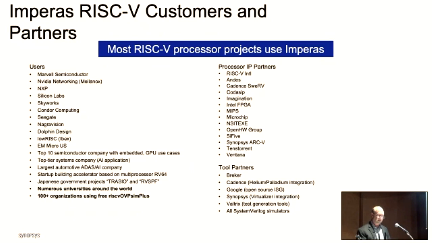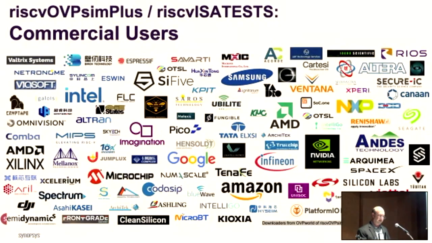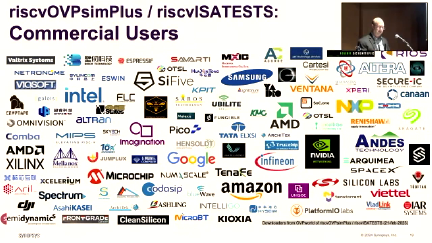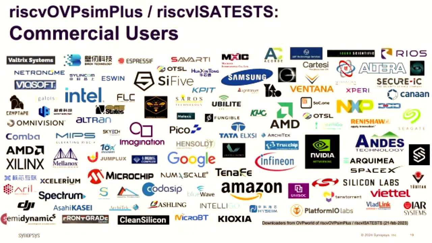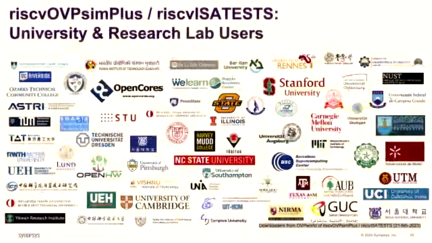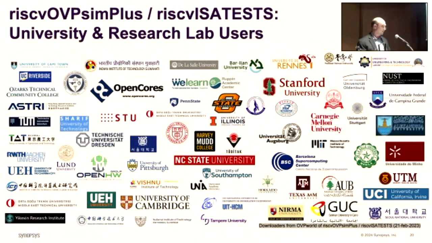And what that looks like is a very crowded slide with a lot of different logos on it. And then on the university and research labs slide, there's equal crowding of the logos.